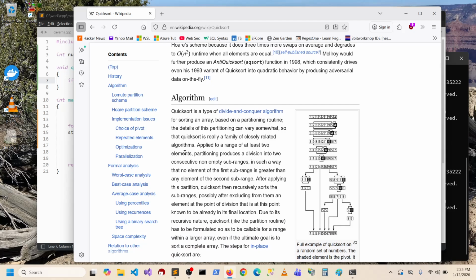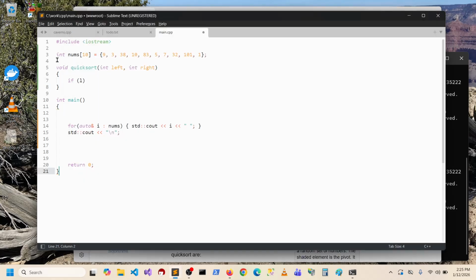So at least 2 elements. So I probably do need to pass in, let's go ahead and pass in the array. No, actually I can pass in the indexes.